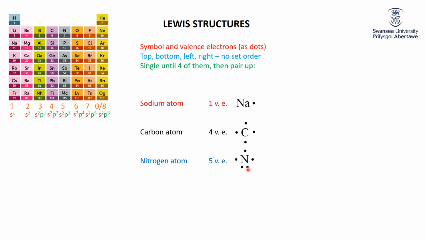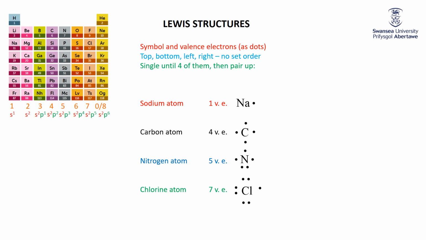Whether we put that pair at the bottom, at the top, at the left, or the right, who cares? What's important is that for a proper Lewis structure representation of a nitrogen atom, there's 1 pair and 3 single dots. And just to wrap up with the atom part, chlorine, 7 valence electrons, so you're going to put 7 dots. So we're going to have 3 pairs and 1 single one. We can depict ions, although sometimes it's rather redundant to do that with monatomic ions.